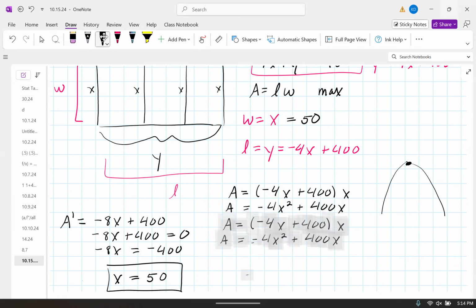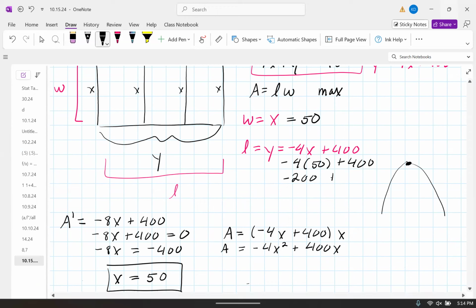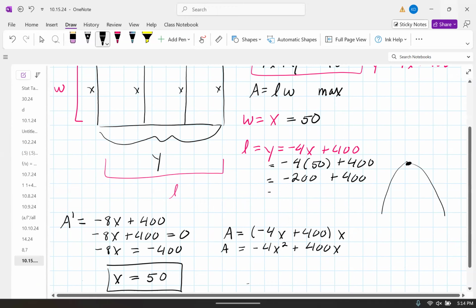Scoot this down. I get negative 4 times 50 plus 400. That should be negative 200. It's 400. So I get y equals 200.